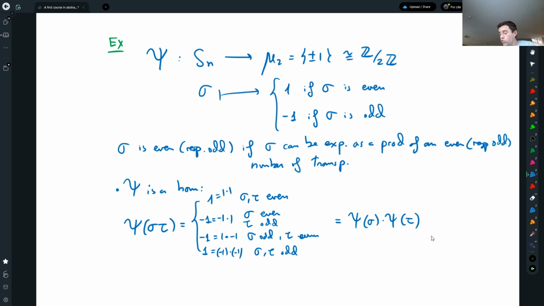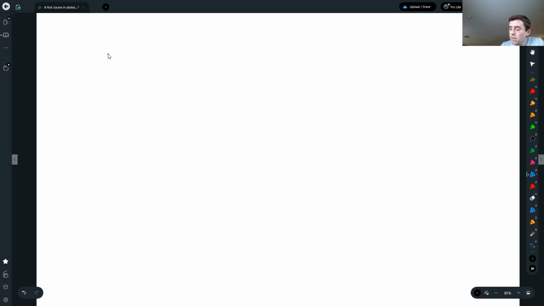Great. So it is a hom, and once I know that this is a hom, then the kernel is normal. So the kernel of this map, which is usually called the sign map of S_n, is going to be normal in S_n. But what is the kernel?